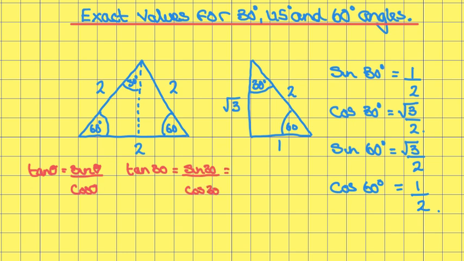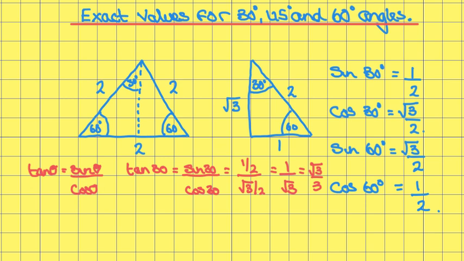Which equals a half divided by root 3 over 2, which equals 1 over root 3. I'm now going to multiply the top and bottom by root 3 because I don't like surds on the bottom. So that will give me root 3 over 3.